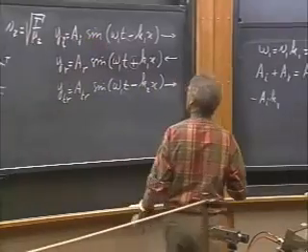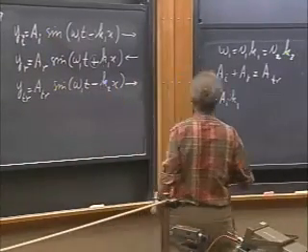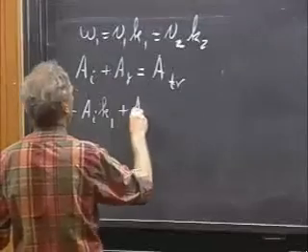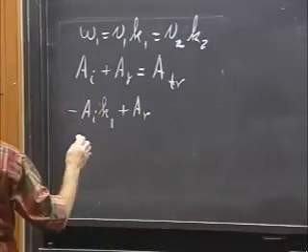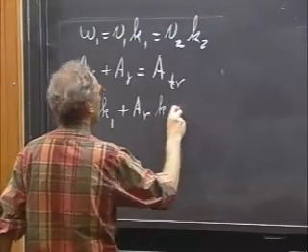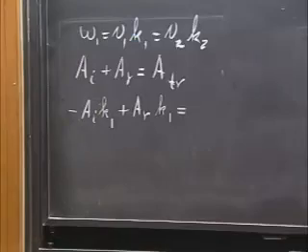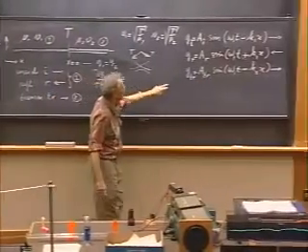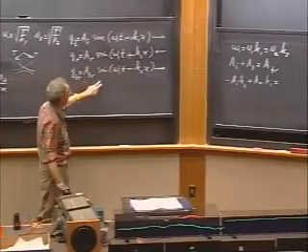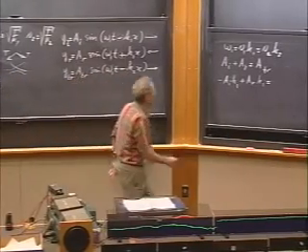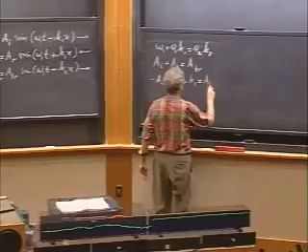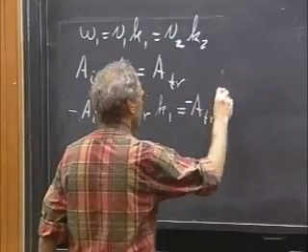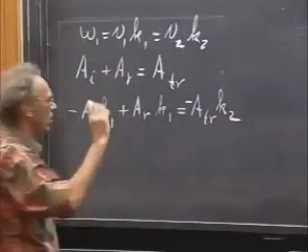My next term gives me plus A_R times k1. This is the left side, my dy1/dx, and my dy2/dx in the second medium gives me minus k2 times A_T, and I dump the cosine.